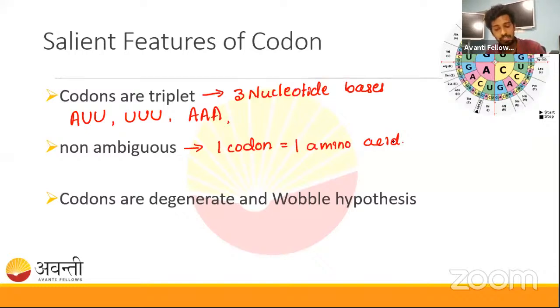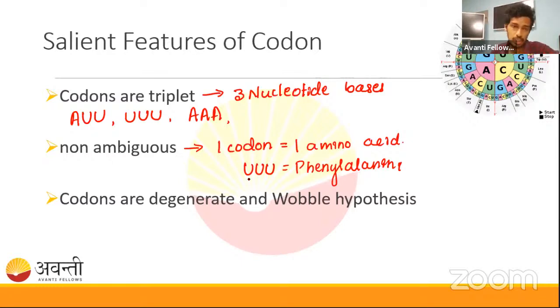It never codes for two different amino acids. Anywhere you go, one codon always codes for one amino acid. If I consider UUU, it always codes for phenylalanine. It never codes for anything else. Those are called non-ambiguous.